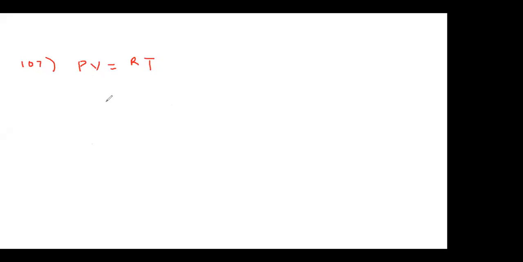Sir, can you repeat? Question you don't have in front of you. In the equation PV equal to RT, then V stands for what? Volume of gas. Any amount, 1 gram, 1 liter, 1 gram molecule.